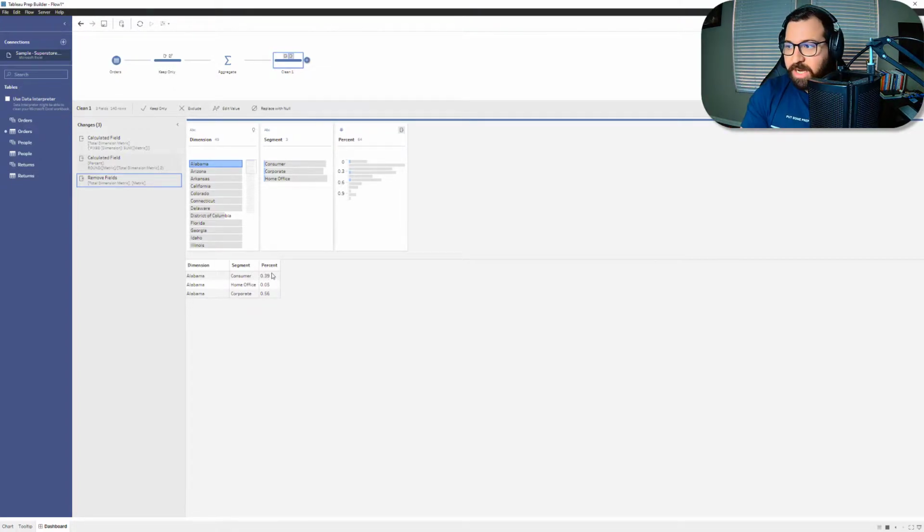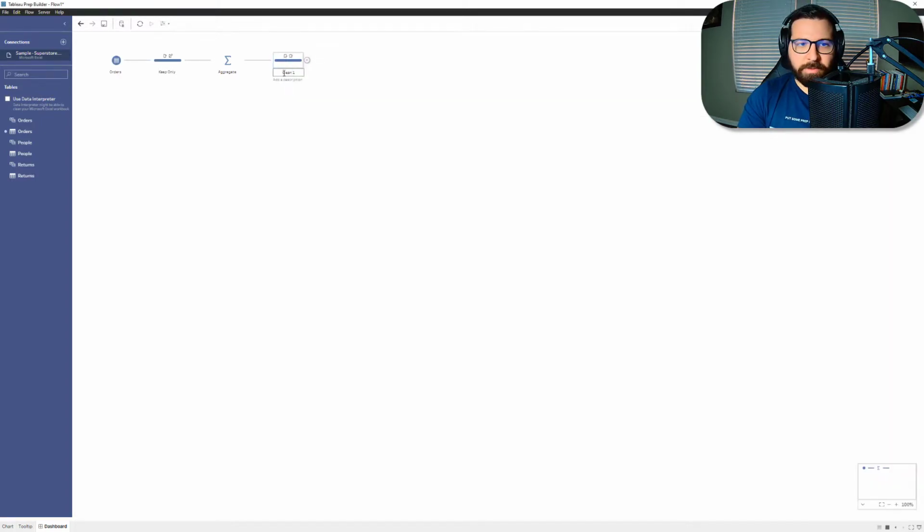Now, because there might be a little bit of rounding error here, like we might get it adding up to 99% instead of 100, I'm gonna fix that here in a later step, because I'm just going to work off the assumption that whatever these 2 add up to, the third should be the remainder to get to 100%. And again, I'm just doing that to account for some rounding errors. So I'm going to call this percent of dimension.